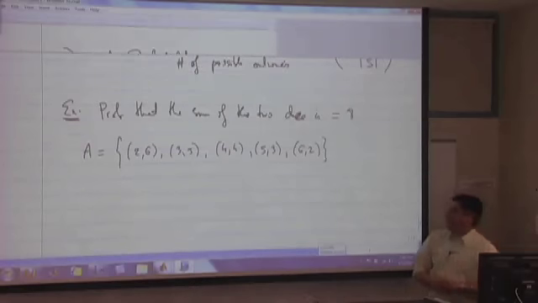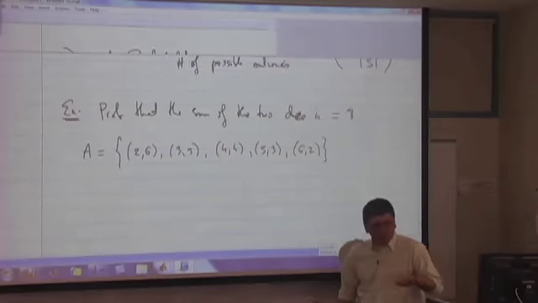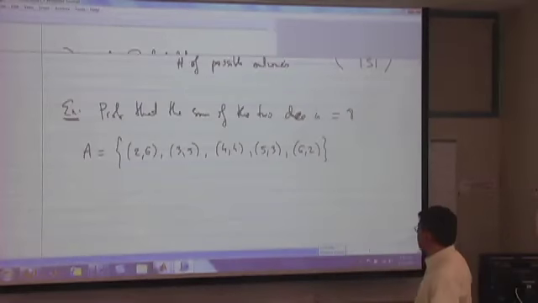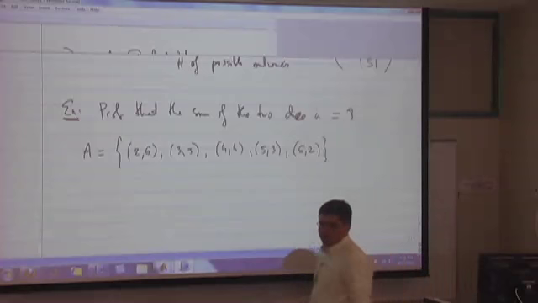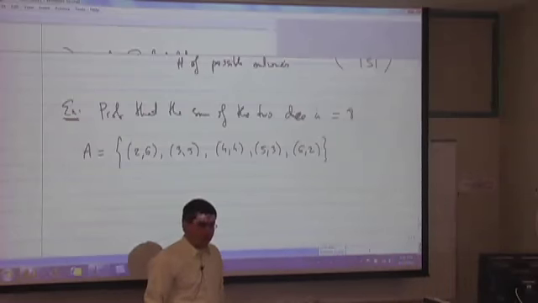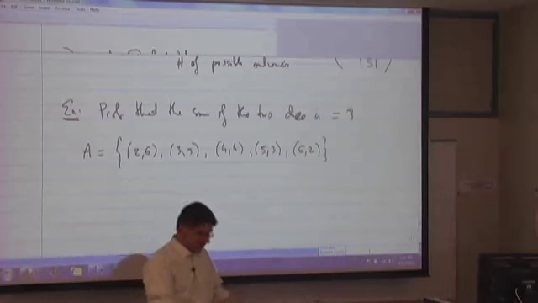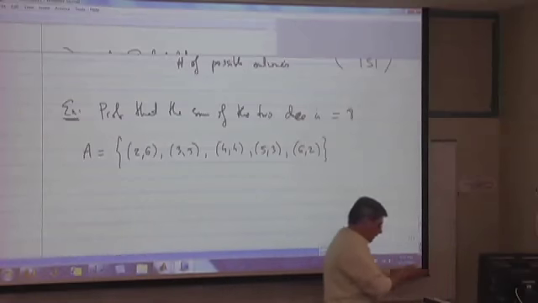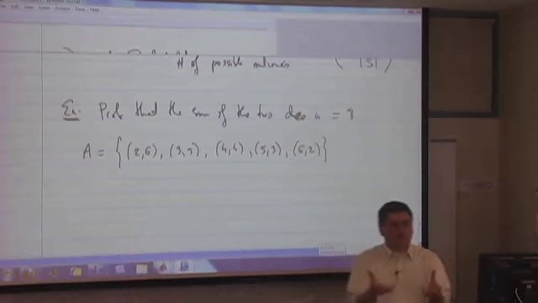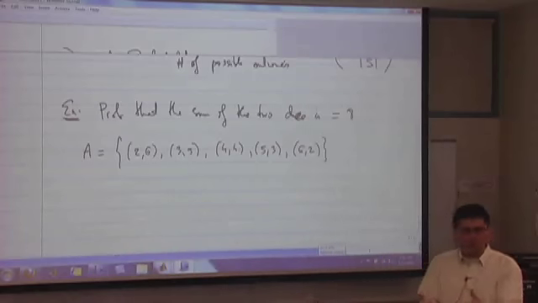Now, I think there's one issue here: do we count 2 and 6 and 6 and 2 as two different outcomes? And the answer is, I think it should be, right? Because the two dice are independent, they're not attached to each other.